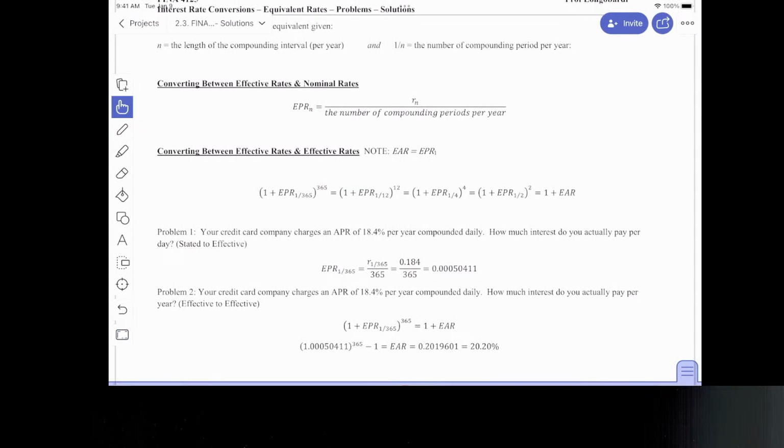Okay, so this is the document I shared with you on interest rate conversions. And it has the two broader things you're concerned with.